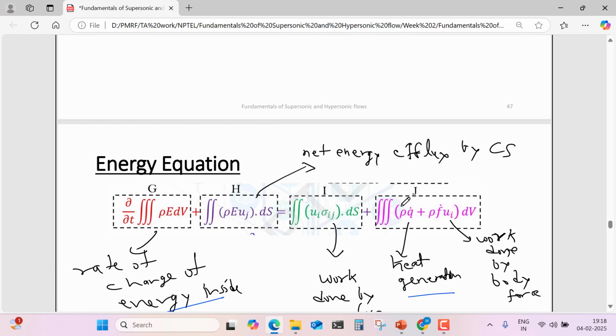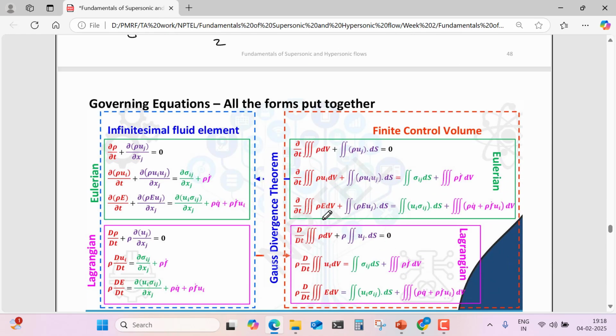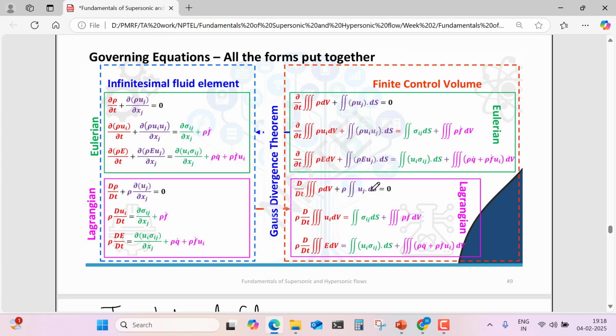So now we have seen all the governing equations. If all forms are put together, you might have seen this in lectures also. In the Eulerian form, infinitesimally small fluid element, it is in this form, where ∂ρ/∂t plus ∂(ρu_j)/∂x_j equal to 0.